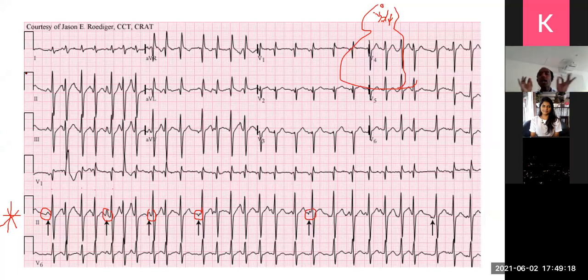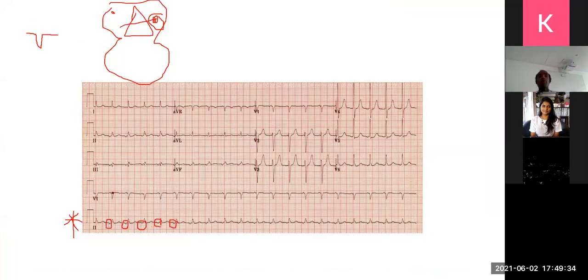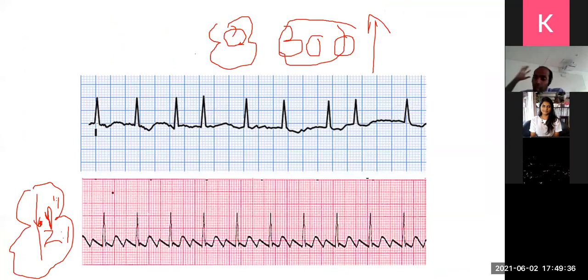Multifocal atrial tachycardia has only 3 or 4 abnormal firing places, and that's why it still gives this irregular RR, this irregular rhythm. Atrial fibrillation has thousands and 10,000s of abnormal foci firing.